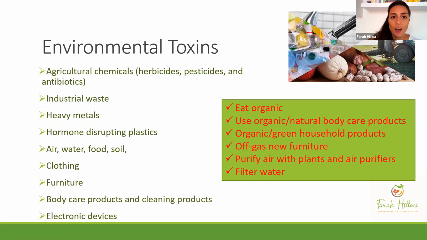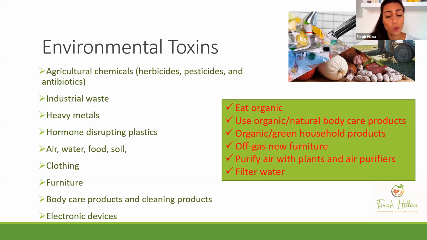Okay. Environmental toxins, very important. Amal did mention that the thyroid gland is very sensitive, and it can be highly affected by toxins. Toxins come from our air, our water, our food, even our furniture, our clothes, our detergents, our skincare products. So please use natural, organic beauty care products.